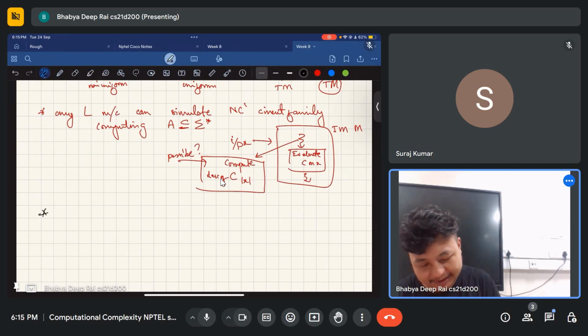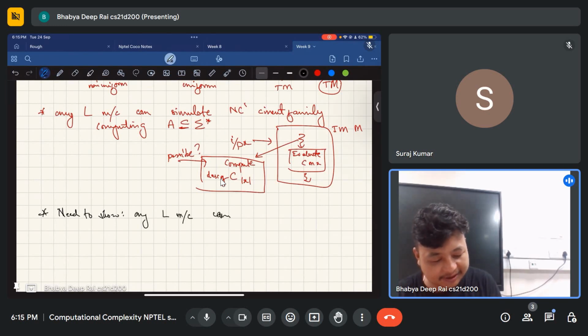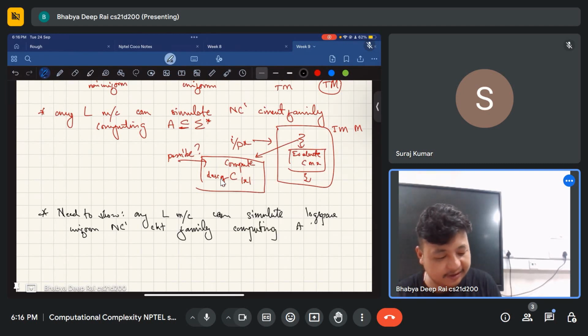We need to show any L machine can simulate a log space uniform NC1 circuit family computing an A contained in sigma star. Any A contained in sigma star.